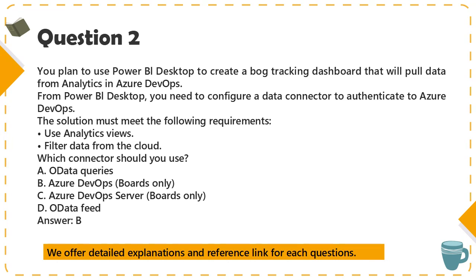Use analytics views. Filter data from the cloud. Which connector should you use? A. OData queries. B. Azure DevOps, boards only. C. Azure DevOps Server, boards only. D. OData feed. Answer: B.